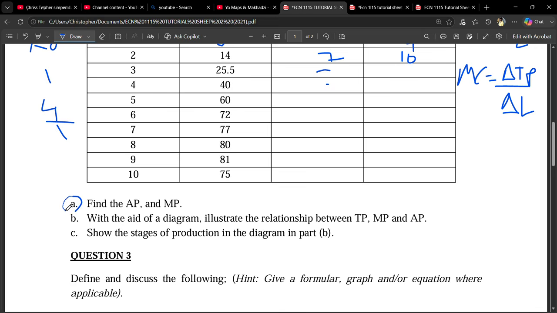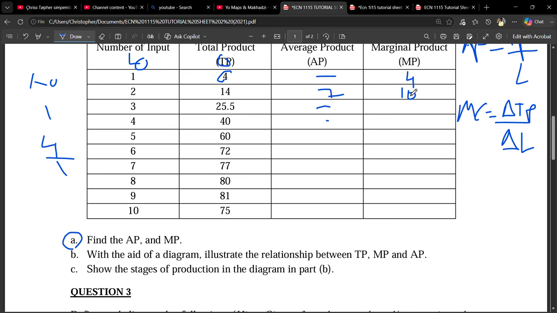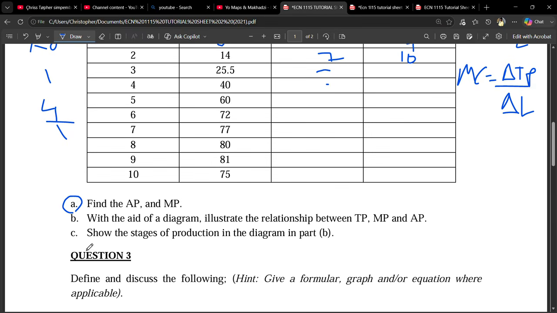Question A was asking us to find the average product, together with marginal product, which is just solving from the table. Then B says, with the aid of a diagram, illustrate the relationship between total product, marginal product and average product.